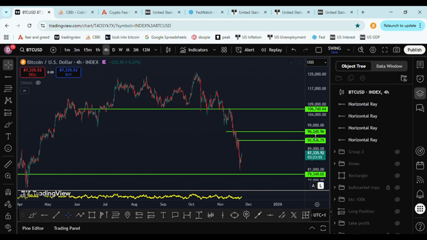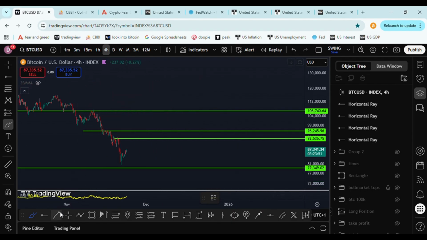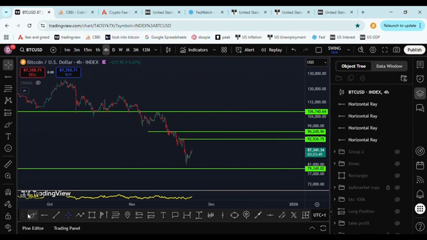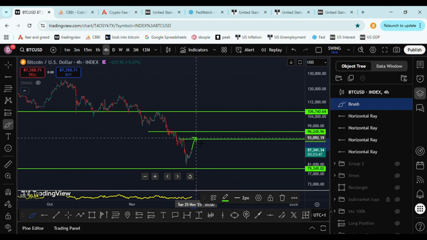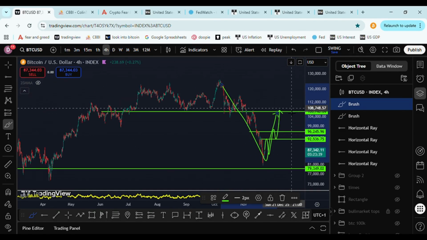So yeah, a lot of resistance above us. The most bullish scenario right now would be if we, of course, test the resistance, maybe make a higher low, then break the resistance, and reverse this downtrend into a little uptrend, a relief rally. We could test back this 105k level. Could be a good moment to take some profit.